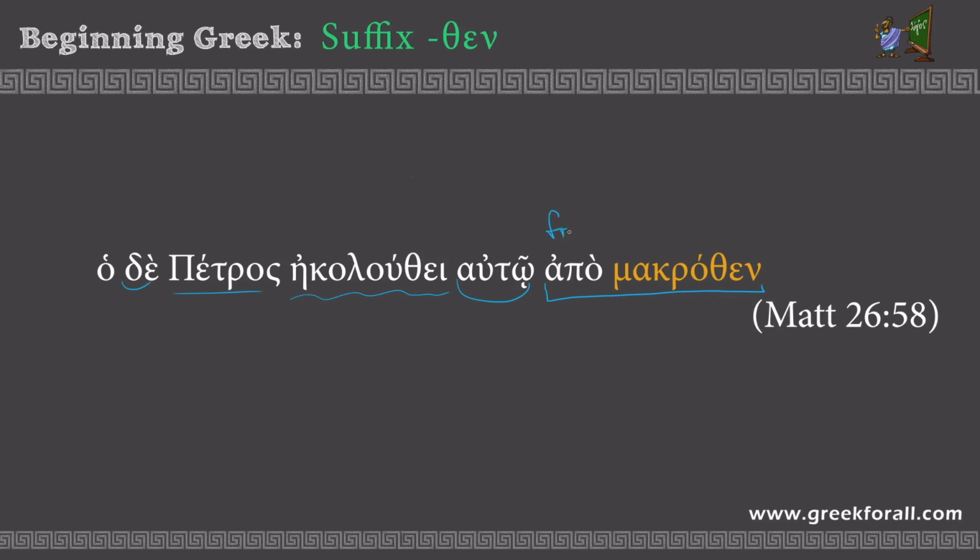Apo means from, and here we have a strengthening of this separation, from afar. So Matthew puts the double emphasis that he followed him at a distance. So, but Peter was following him from afar.